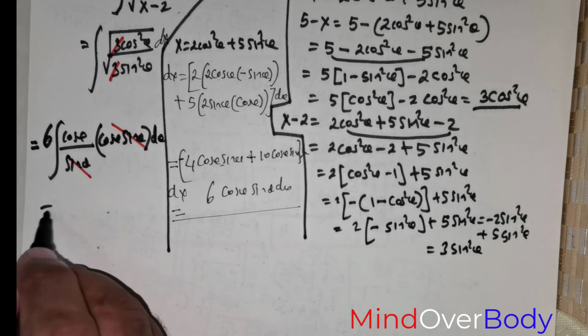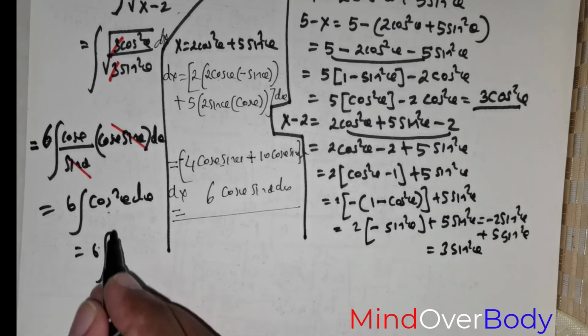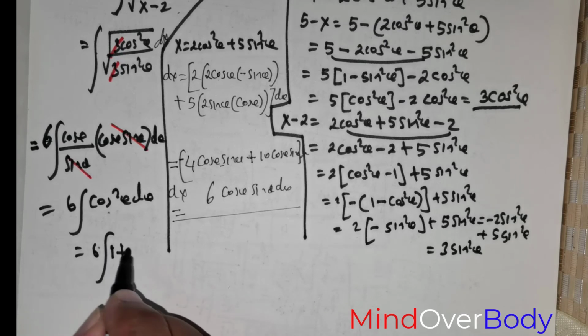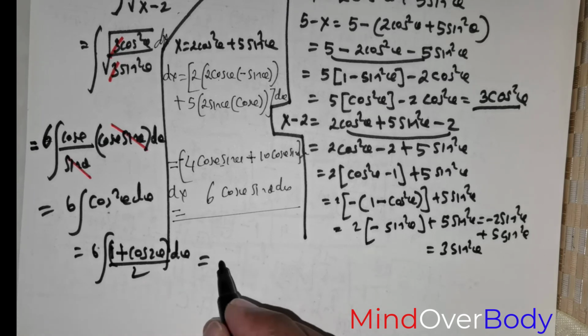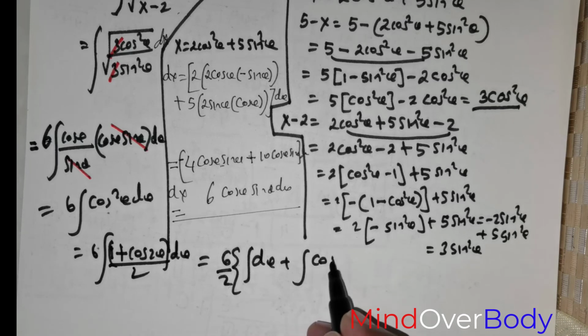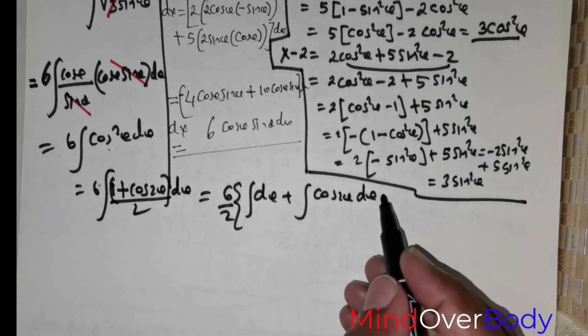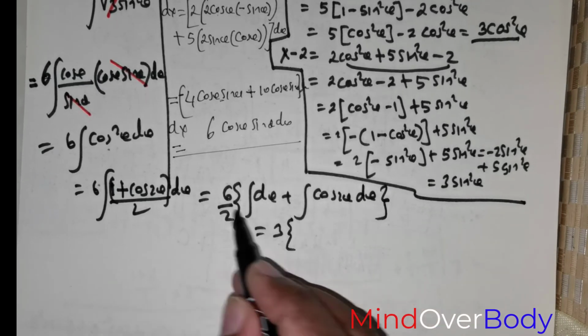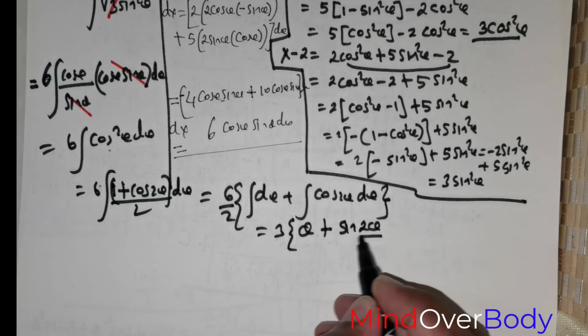This is going to give me 6 times cos square theta d theta, but cos square theta is (1 plus cos 2 theta) divided by 2 times d theta. I can rewrite this as 6 integral, in fact I can take the 2 out, so it's going to be integral d theta plus integral cos 2 theta times d theta. So this is equal to 3 times integral d theta, which is theta, plus cos 2 theta integrates to sin 2 theta divided by 2.